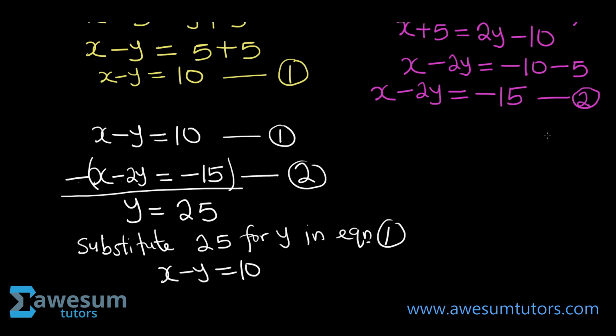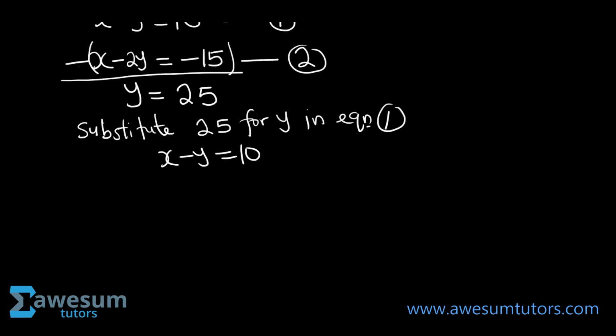equals 10. Okay, so what do I do right here? Then I would say X minus, remember Y is 25, equals to 10. Okay, so what do I have right here?